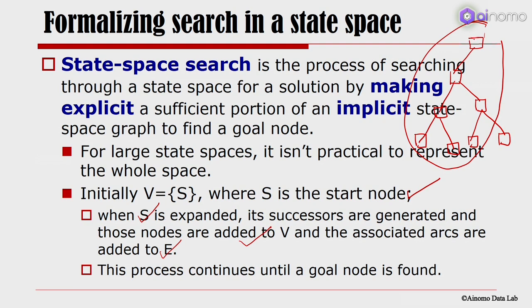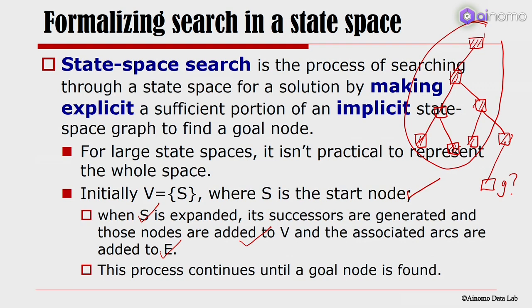So, instead of having the whole state space graph explicitly generated and then looking for a solution, the idea is to make explicit a sufficient portion of it as I go on expanding nodes, and for every node that I expand, answering the question whether that's my goal node.